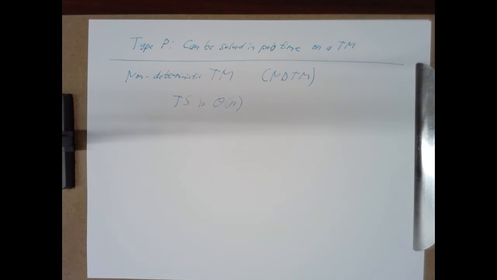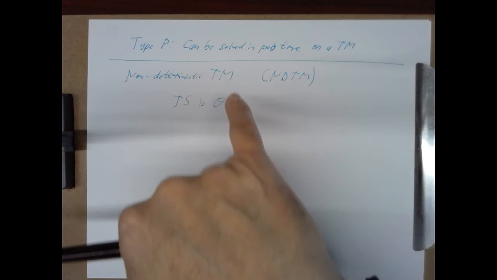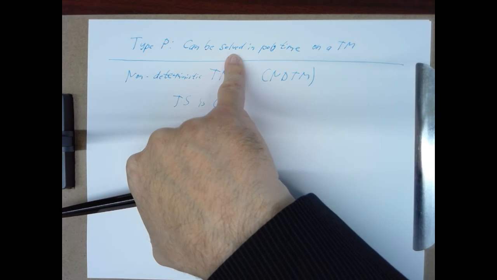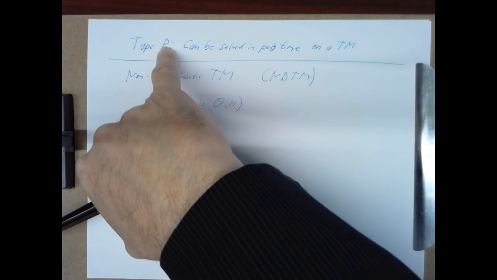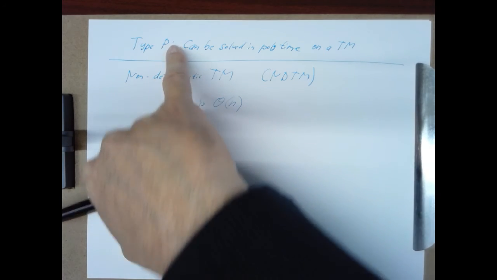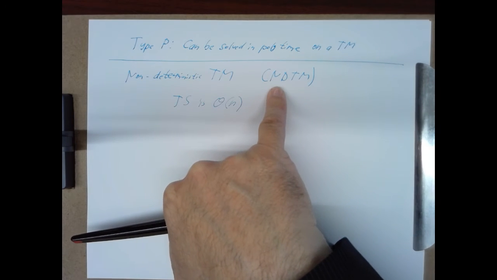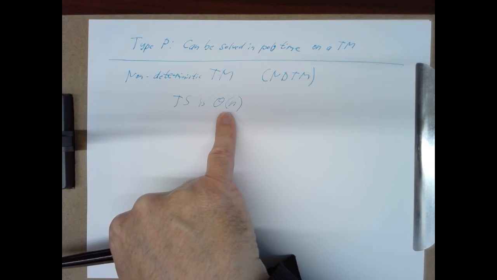Now, we don't have an algorithm for solving TS in polynomial time on a regular Turing machine, so it's not class P that we know of. But on a non-deterministic Turing machine, we can solve this in polynomial time.